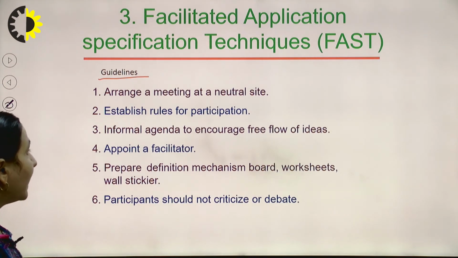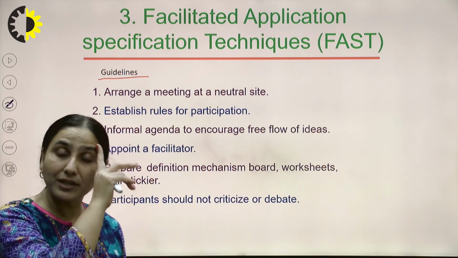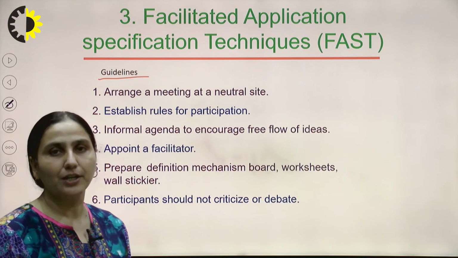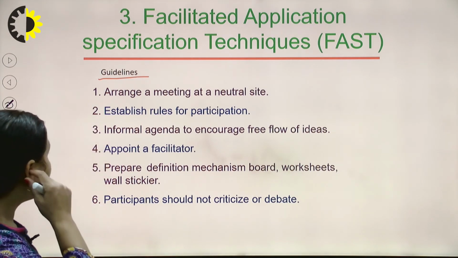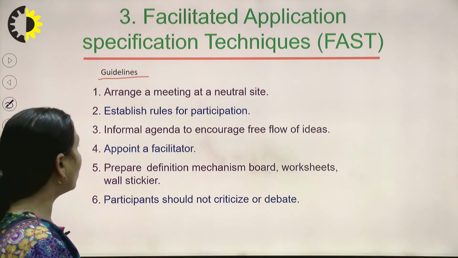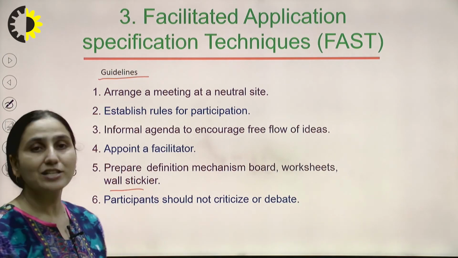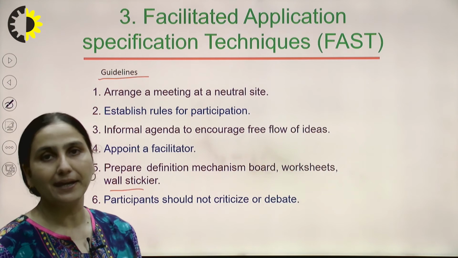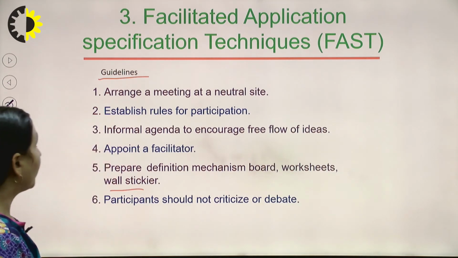Again, appoint a proper facilitator who is quite good at handling a scenario in which biasing or conflict generally comes up. So the person should be quite an expert. Then prepare a definition mechanism board, worksheets and wall stickers. Participants should not criticize or debate. So there is no scope for any criticism or debate between one another.